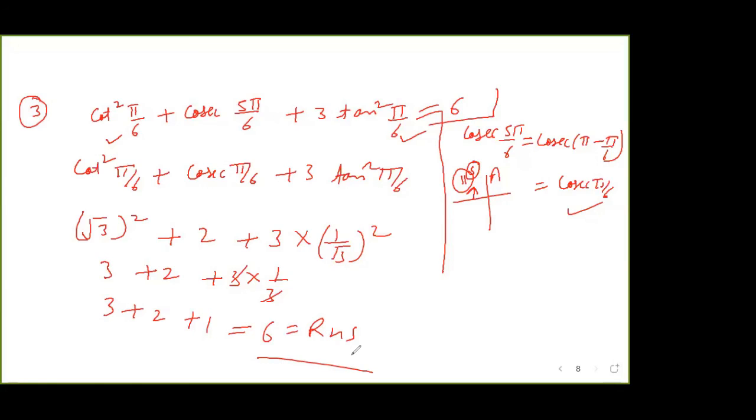Okay. Now question number 4th. Write down the statement. You have to take NCERT along with you, no? Then you can do the question easily. 2 sine square 3 pi by 4 plus 2 cos square pi by 4 plus 2 times secant square pi by 3.